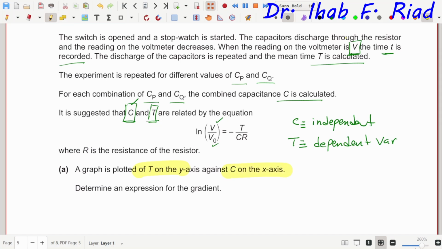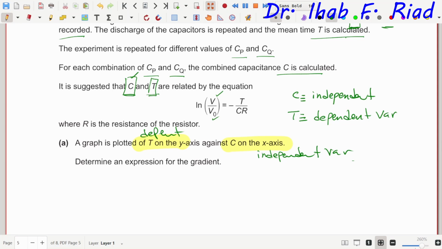So whatever we plot on the x-axis is going to be the independent variable, and what we usually plot on the y-axis is the dependent variable.